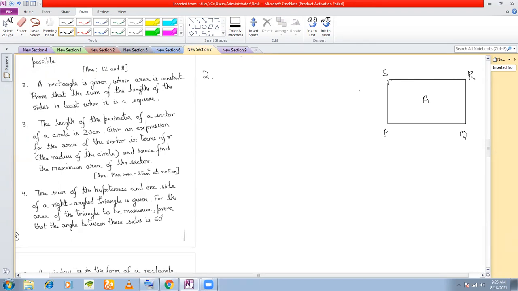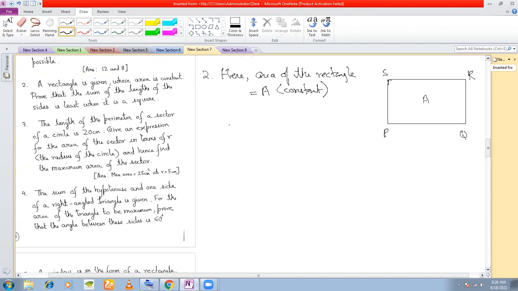So area is given to be A. Now, as I said, you have to see what is given. So area is given, that means area is constant. Whatever is given to you, that will be constant. And whatever you will be assuming, that will be the variable. So area of the rectangle is equal to A. So A here is a constant because this is already given to you.